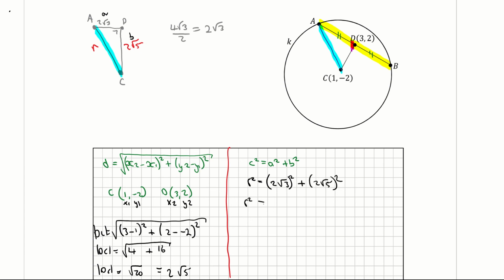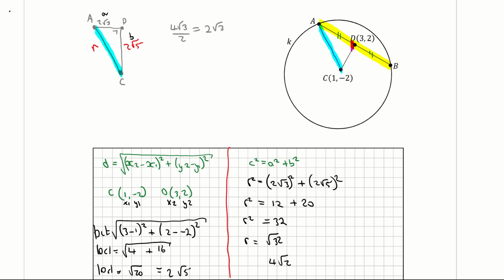That gets me a radius squared of 4 times 3, which is 12, plus 4 times 5, which is 20, which is 32. So R is going to be the square root of 32, which is 4 root 2.